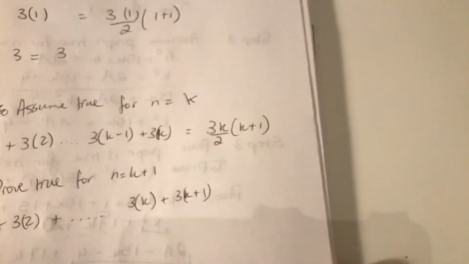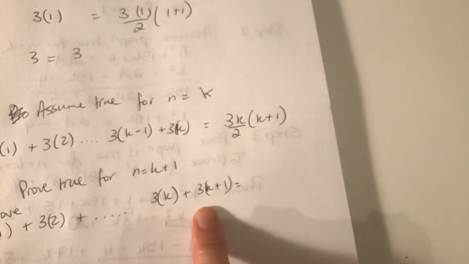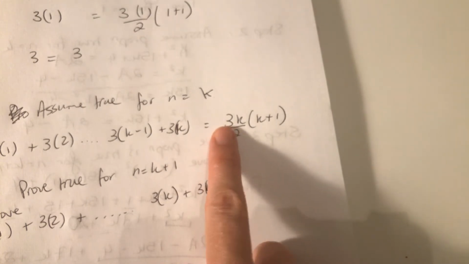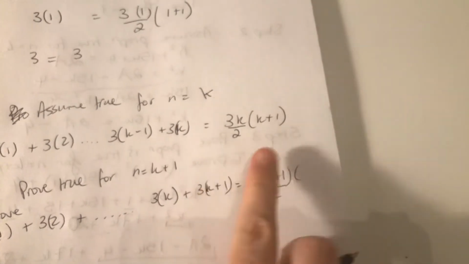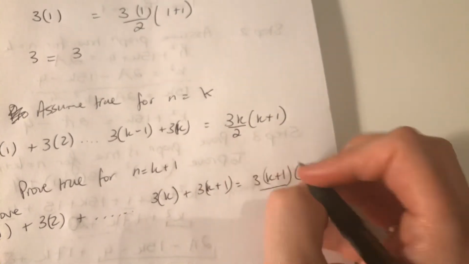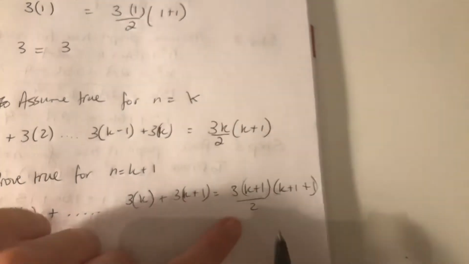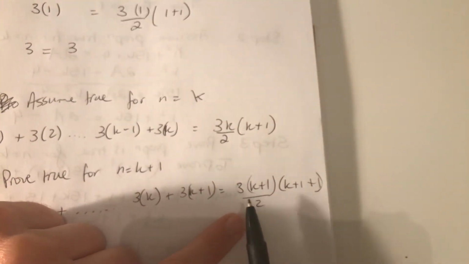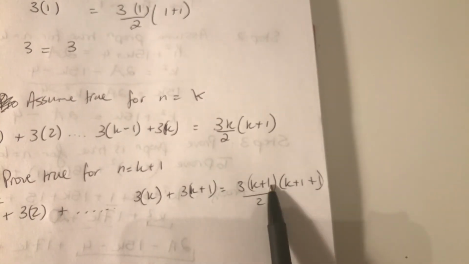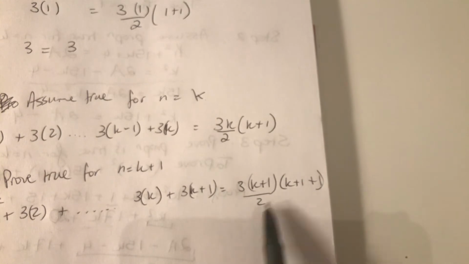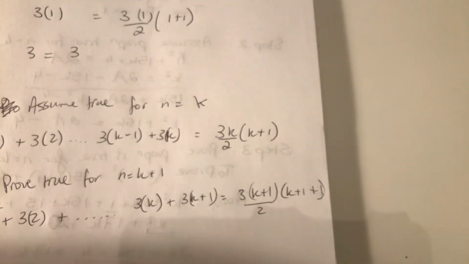Trying to prove that that is the same as, now I didn't go up as far as the kth term this time, I went up as far as k plus 1, so that's 3 times k plus 1 all over 2, bracket k plus 1 plus a 1. Now if you want to clean that up, so I know what I'm looking for in a minute, that would be 3k plus 3 all over 2, bracket k plus 2. And if I get that, well then I know I'm right.